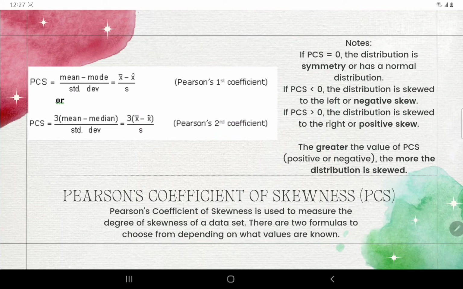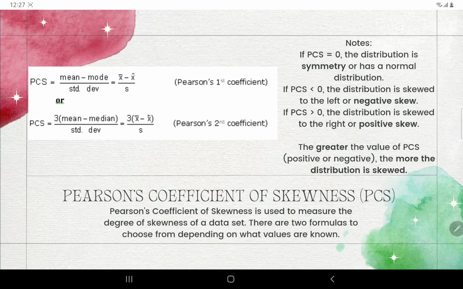Note that if our value of PCS equals 0, it means that the distribution is symmetric, or has a normal distribution. If our PCS is less than 0, a negative number, then the distribution is skewed to the left, or negatively skewed.